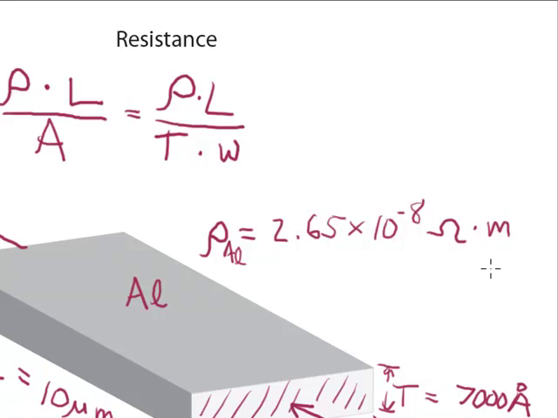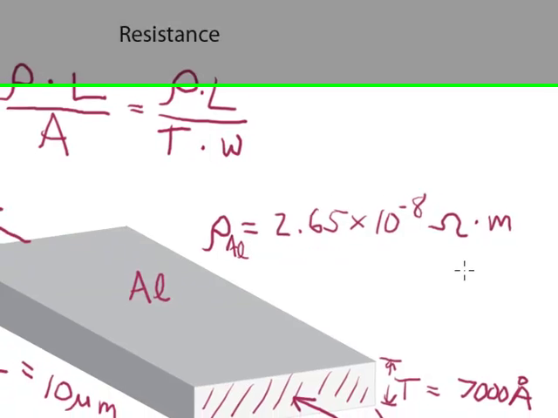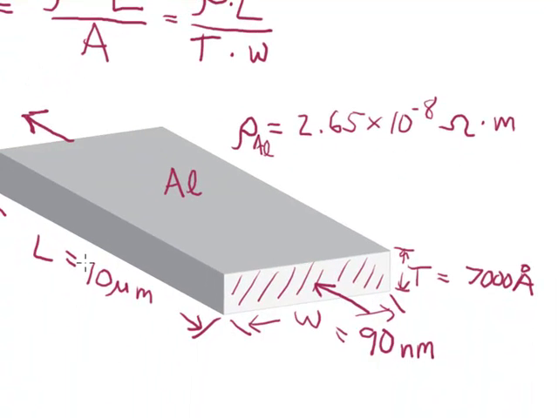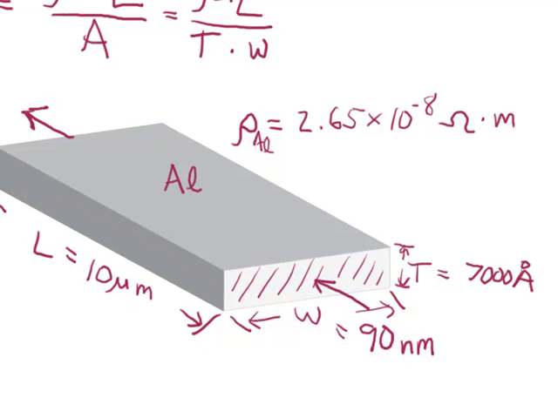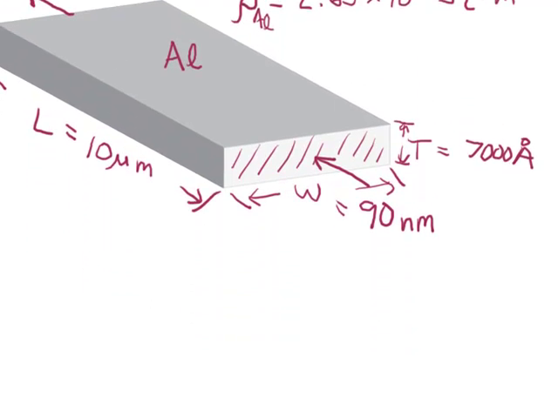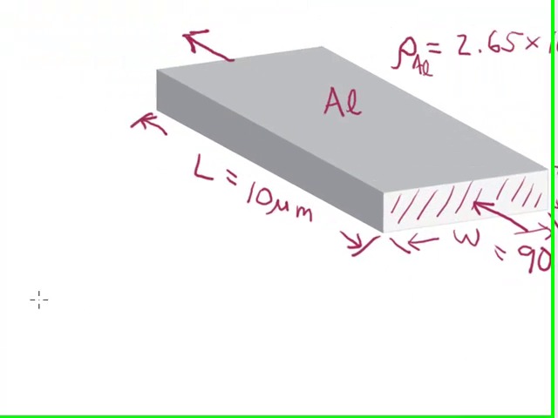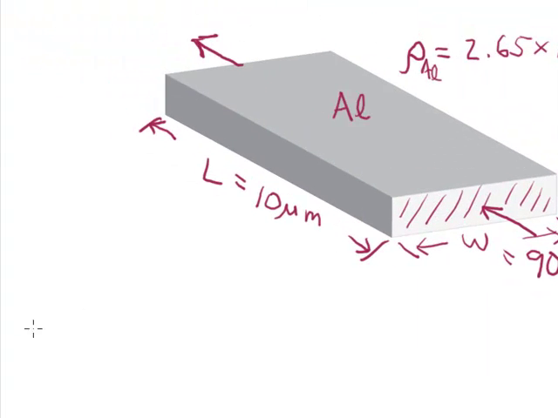Sometimes the bulk resistivity is given in ohm centimeters. In this case it was given in ohm meters, so when we do our conversions, I'll convert everything to meters so that the units cancel out properly. Okay, let's take a look at that. Starting with my resistance equation, it's equal to bulk resistivity times length divided by thickness, and also divided by the width.